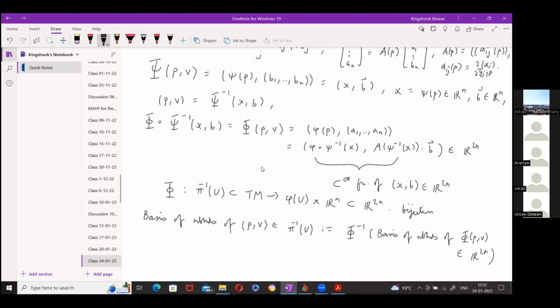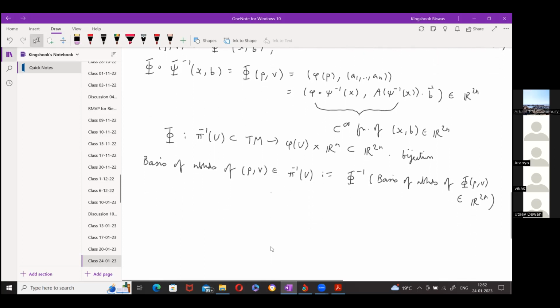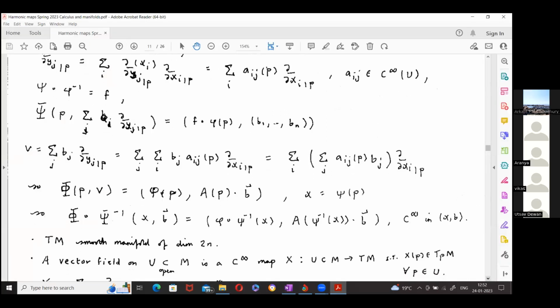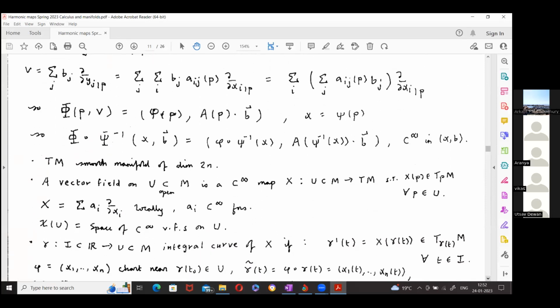Therefore, TM becomes a manifold of dimension 2n. Is that clear? Okay, good. So finally we've got that the tangent bundle itself is a smooth manifold of dimension 2n.